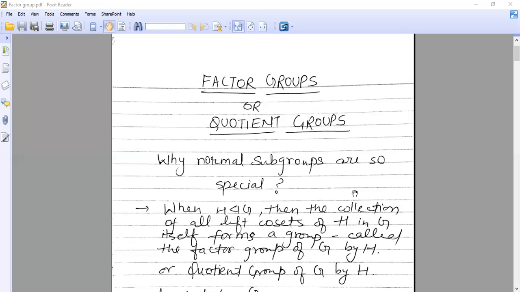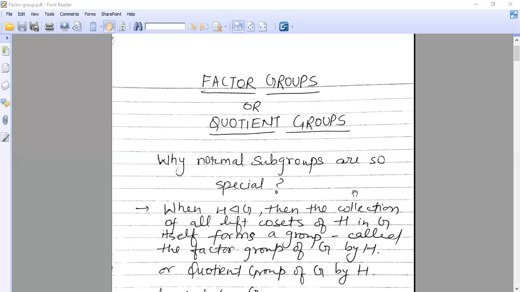So till now you have seen that if you have a group and a subgroup, how to write all the cosets of that subgroup in the group. Now we are saying that the collection of all the distinct left cosets, or the collection of all the right cosets of H in G, forms a group, and that group is called a factor group.